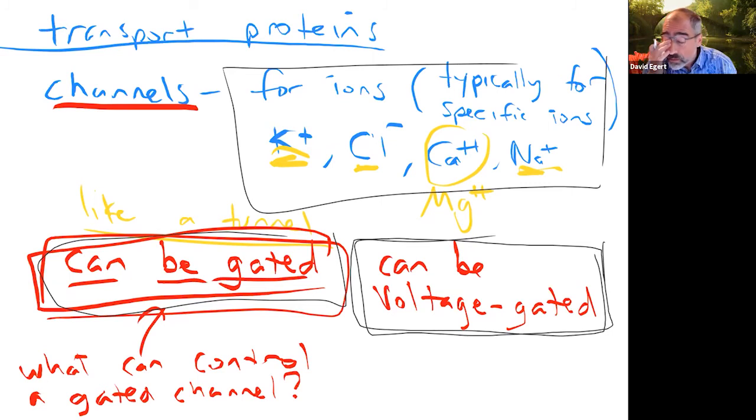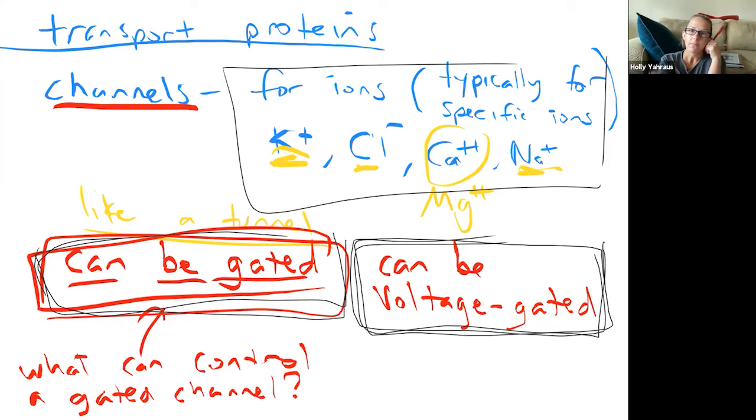So it'll be fun as we watch voltage gated channels create all sorts of cool electrical activity in your neurons and your muscle cells. All right. If this is seeming a little unclear, we're going to spend a lot more time digging deep into voltage gated channels and going into detail exactly how that works.